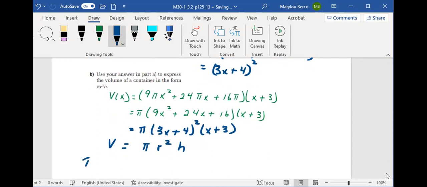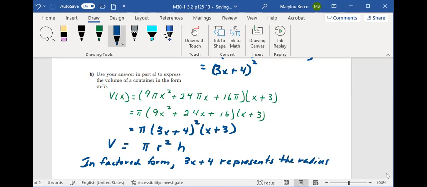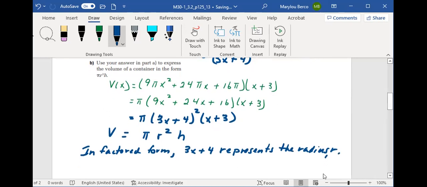Okay, so in factored form, 3x plus 4 represents the radius, and x plus 3 represents the height, which is h.